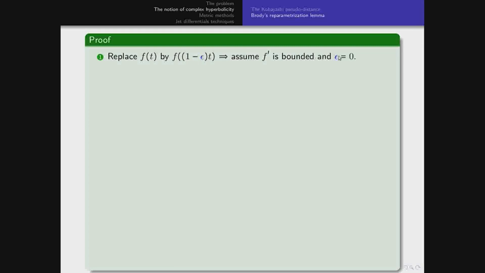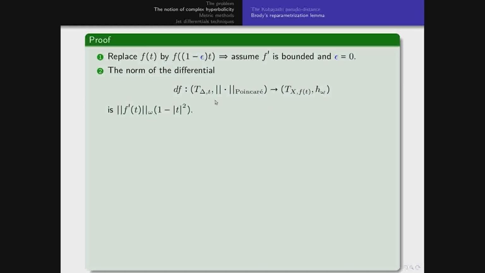And we can now replace epsilon by 0. So as I said, since now we assume that f prime is bounded, we will have a bound on the norm of the differential, starting from the tangent space to the disk towards the tangent space to X. So you put first on the disk the Poincaré metric, and on X you put the Hermitian metric you have chosen before.